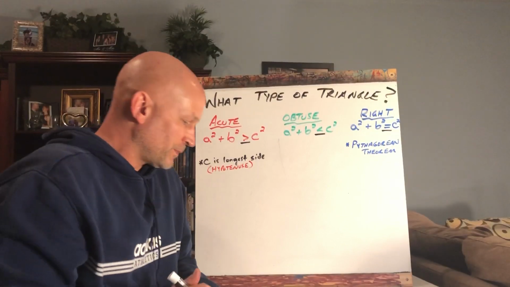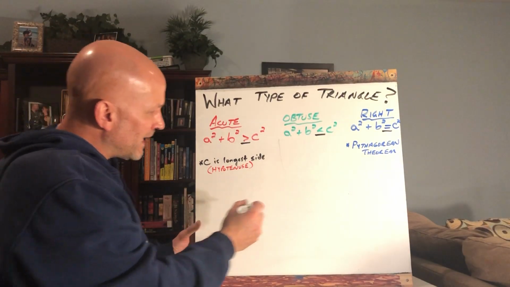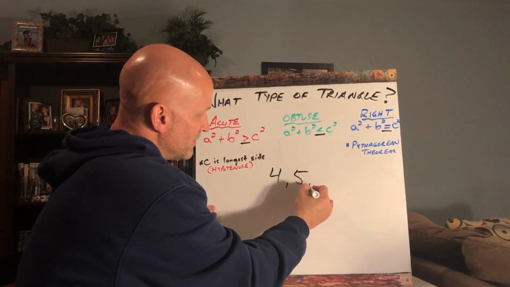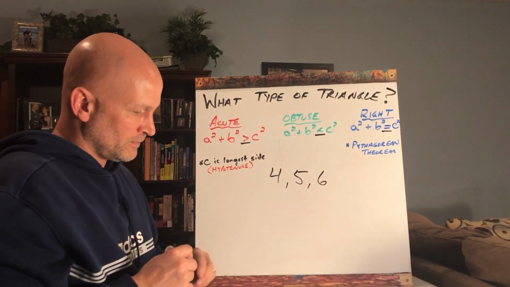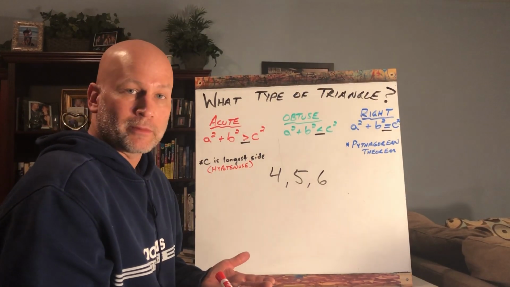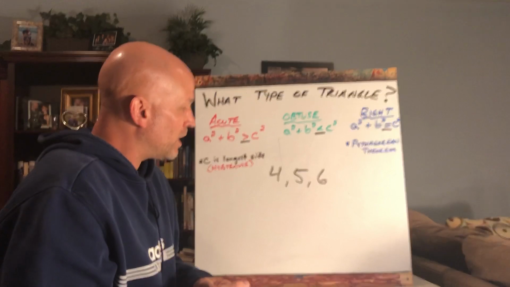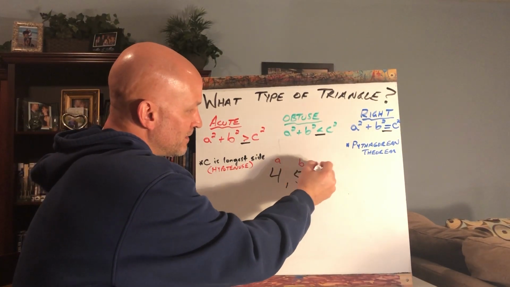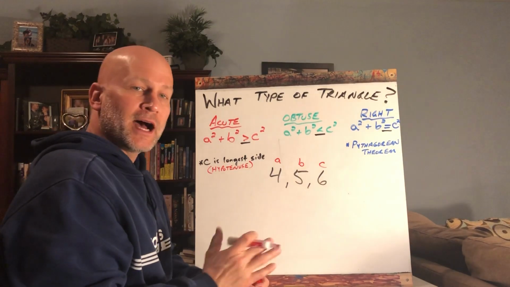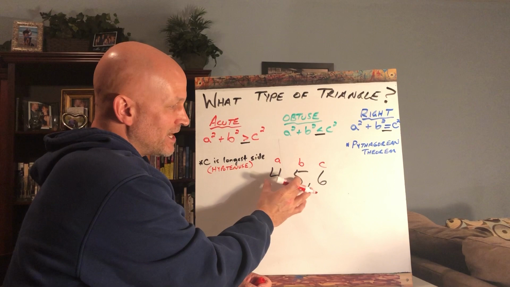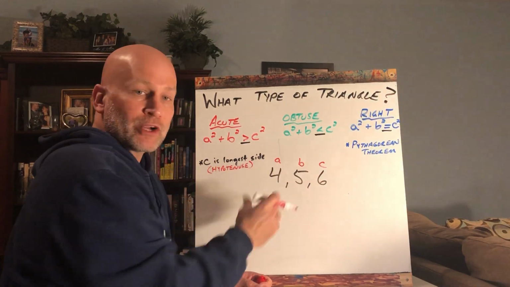So for example, if I have a triangle and I have sides 4, 5, and 6. If I look at these three sides, the first thing I need to determine is, is this a triangle? Well, if I label them, where this is A, B, and my longest side is C, in the previous video we said that if my A and B add together and is greater than C, then it will form a triangle.